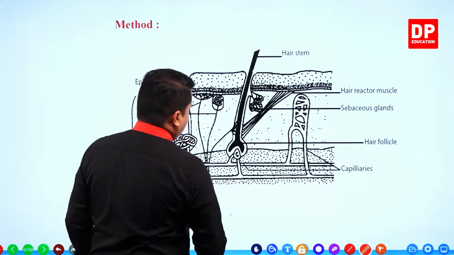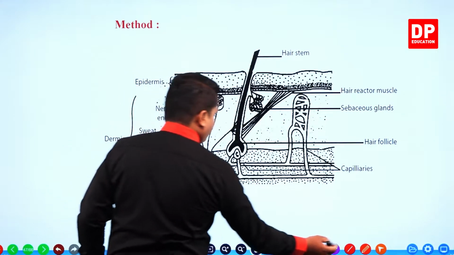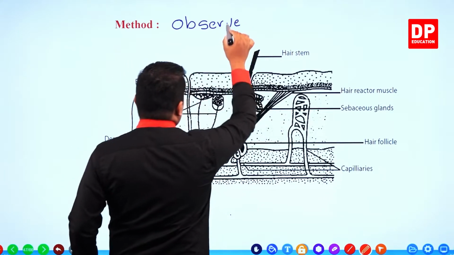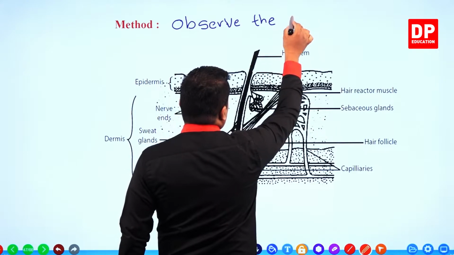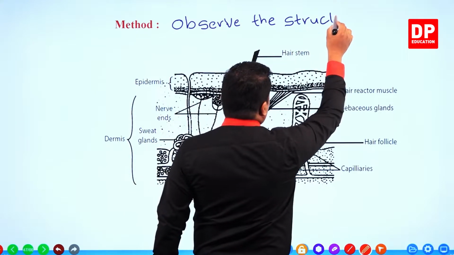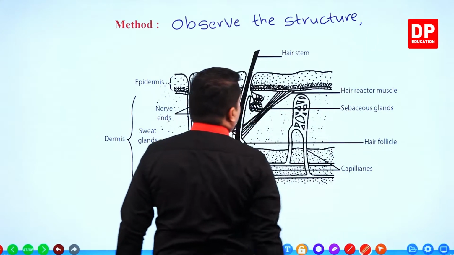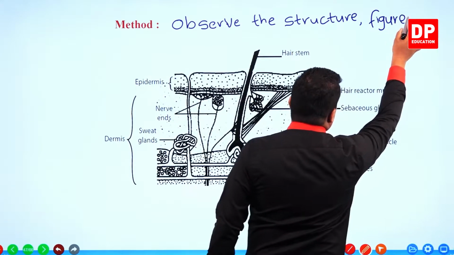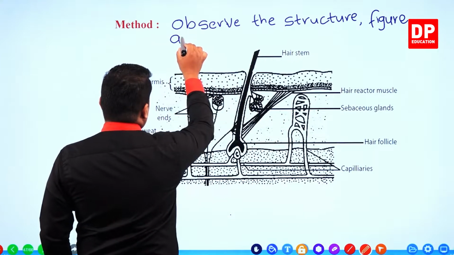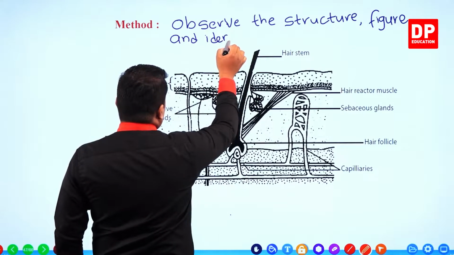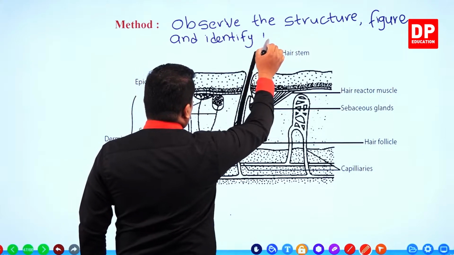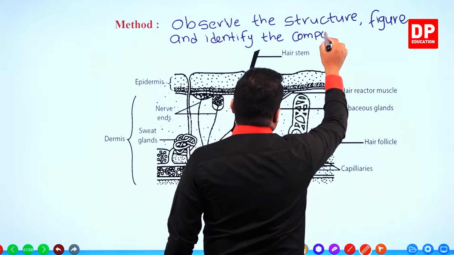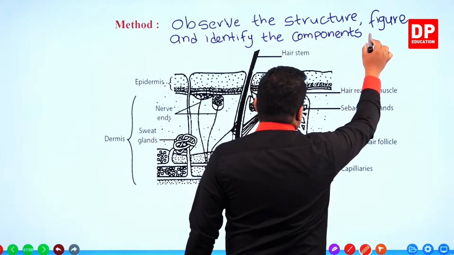So we can write it like this: observe the structure, comma, figure, and identify the components in the skin.